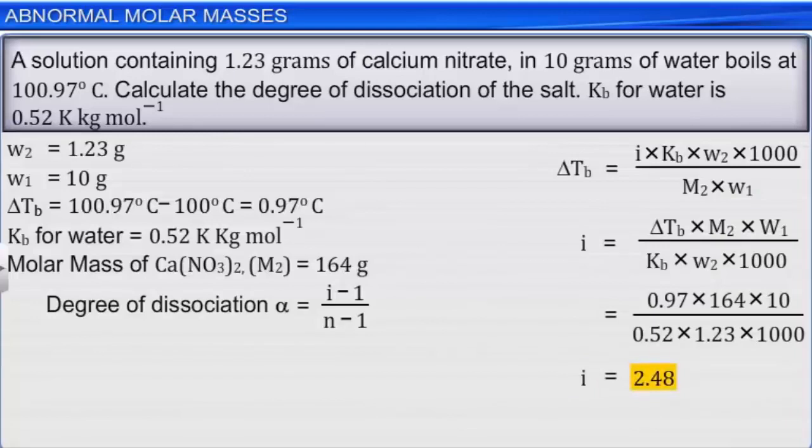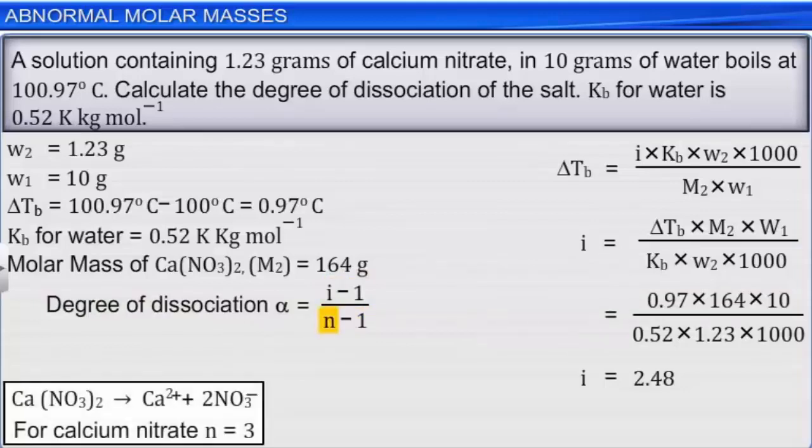Substituting for i in the equation, degree of dissociation alpha is equal to (i minus 1) divided by (n minus 1). Now, n for calcium nitrate is 3. On solving, we get the degree of dissociation, alpha, is equal to 0.74.